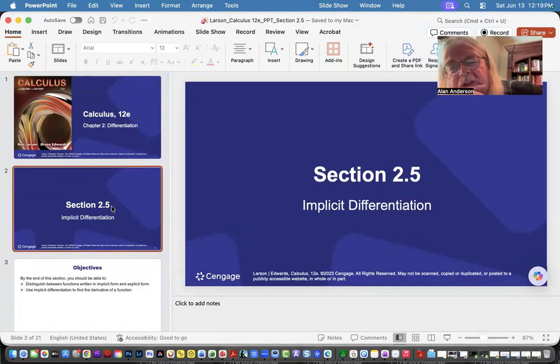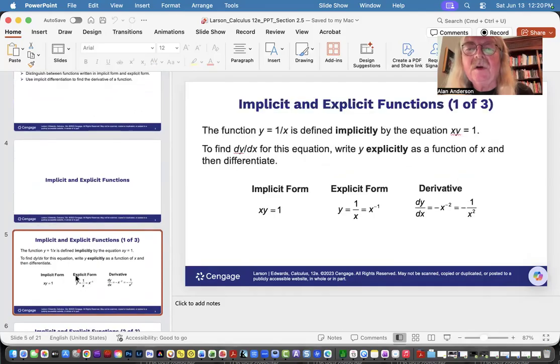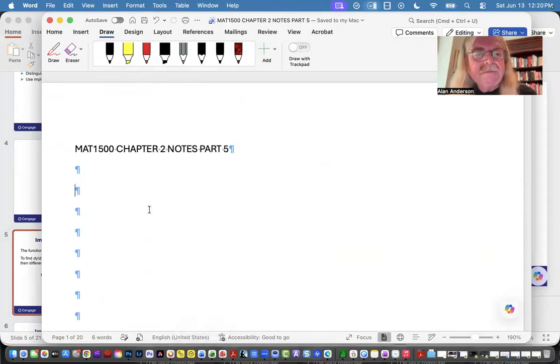So, first things first, we need to distinguish between the words implicit and explicit, at least as far as functions are concerned. The first thing you'll note here is that they've got two examples. The one on the left, implicit form, xy equals 1. Let's write these down.